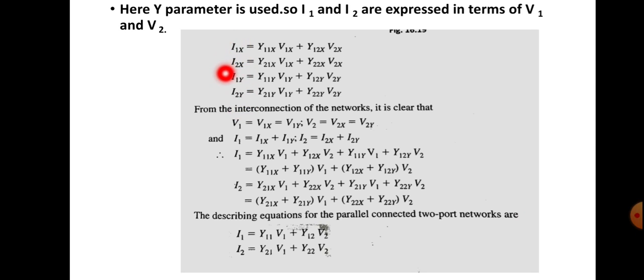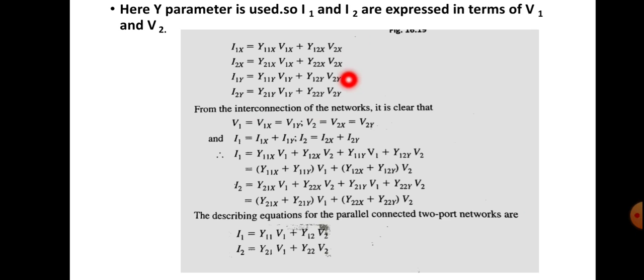For the X network, I1x is equal to Y11x V1x plus Y12x V2x. For I2x, the equation is Y21x V1x plus Y22x V2x. In the case of the Y network, the two equations are I1y and I2y, expressed in terms of V1y and V2y using Y parameters: I1y equals Y11y V1y plus Y12y V2y, and I2y equals Y21y V1y plus Y22y V2y.